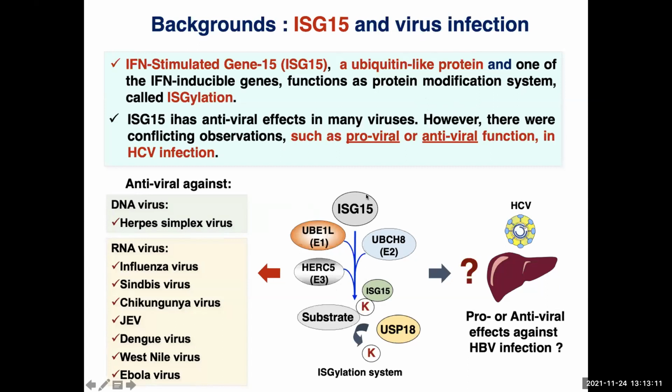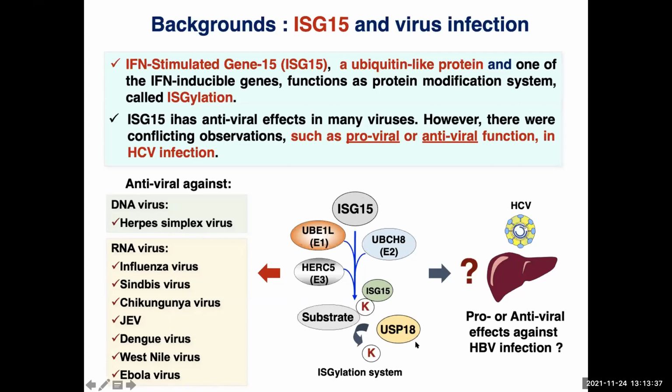ISG15 is activated, E1 transfers ISG15 to E2, E2 transfers ISG15 to E3, and finally E3 attaches ISG15 covalently to the substrate through lysine residues.